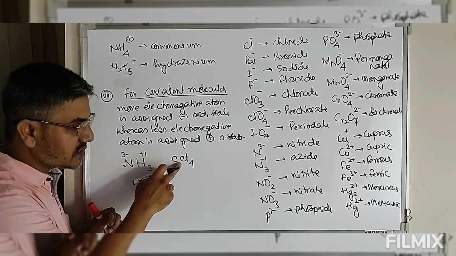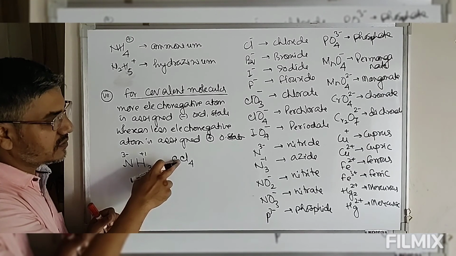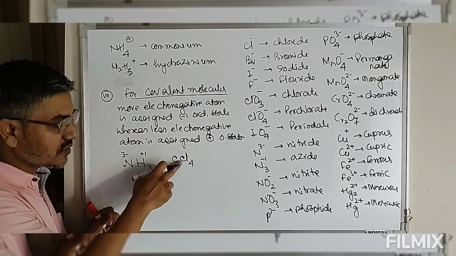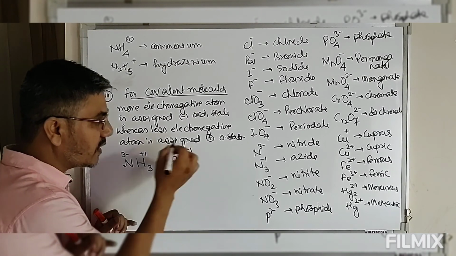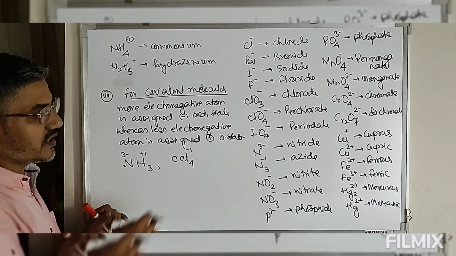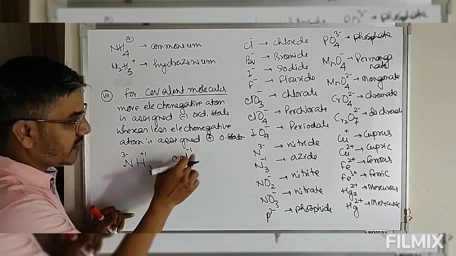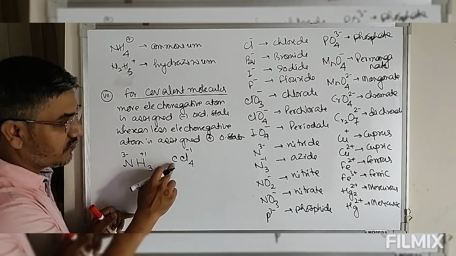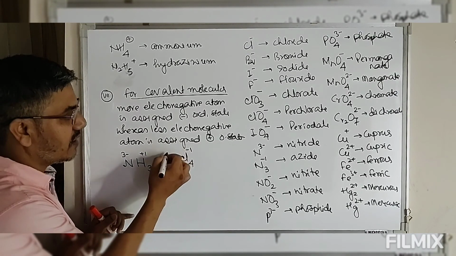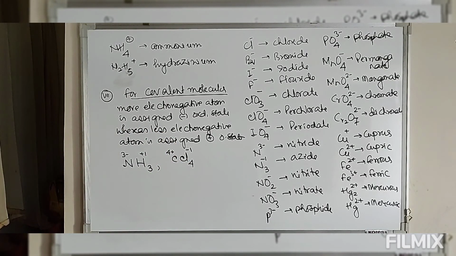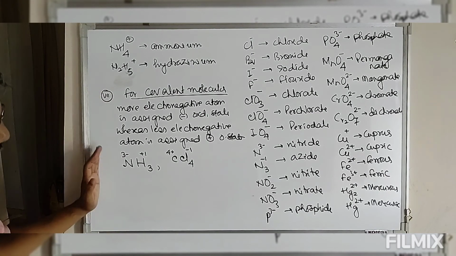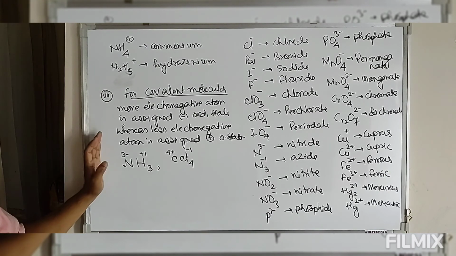Each electron shared between carbon and chlorine is withdrawn by chlorine, so chlorine acquires minus 1. There are 4 Cl, so 4 minus, and carbon will have plus 4 oxidation state. This is the case when we have covalently bonded molecules.